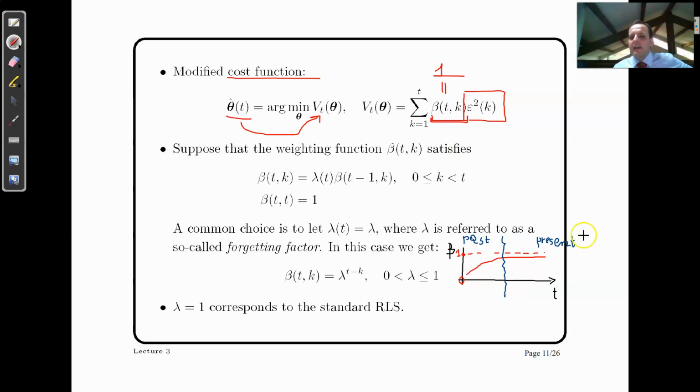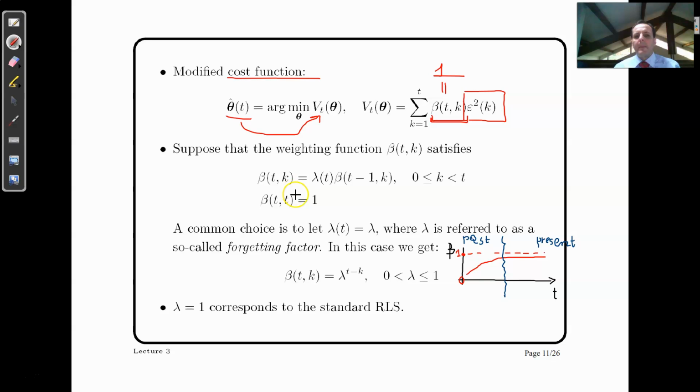And how we can rely on the most recent one? By multiplying the most recent data by a factor which is 1. And when the present data becomes past, they are in a recursive way modified and included in the cost function.